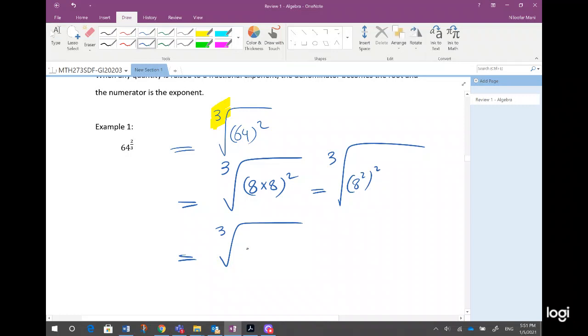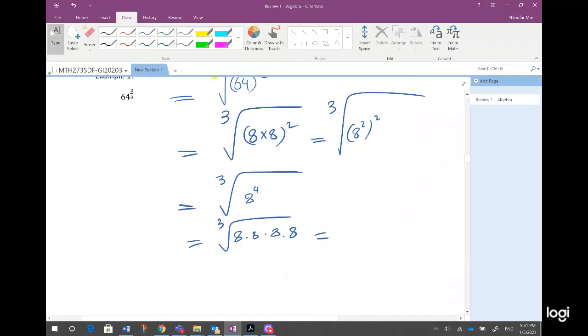So, 8 power 4, which is 8 times 8 times 8 times 8, which is 2 cubed, 2 cubed, 2 cubed, 2 cubed. If I have a cube root, I make everything to the power cube, and then I can cancel them.